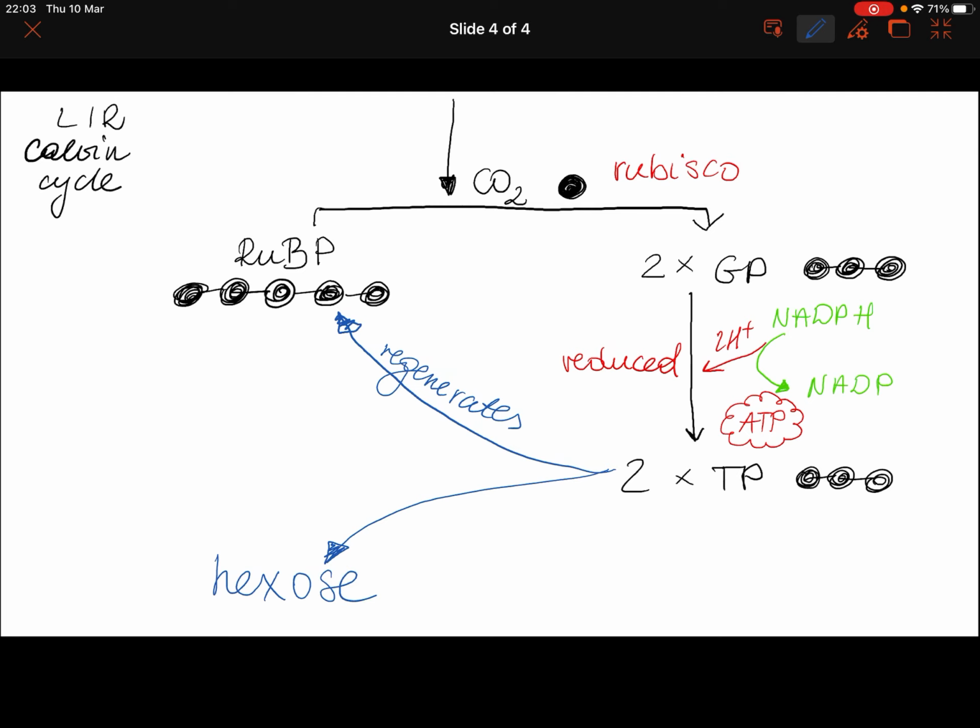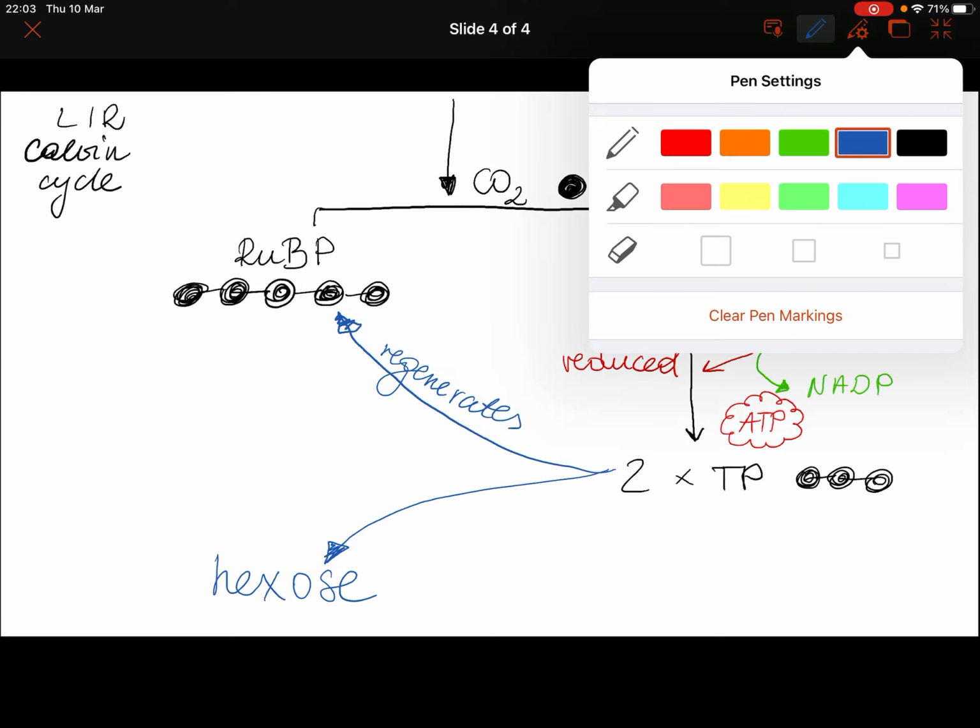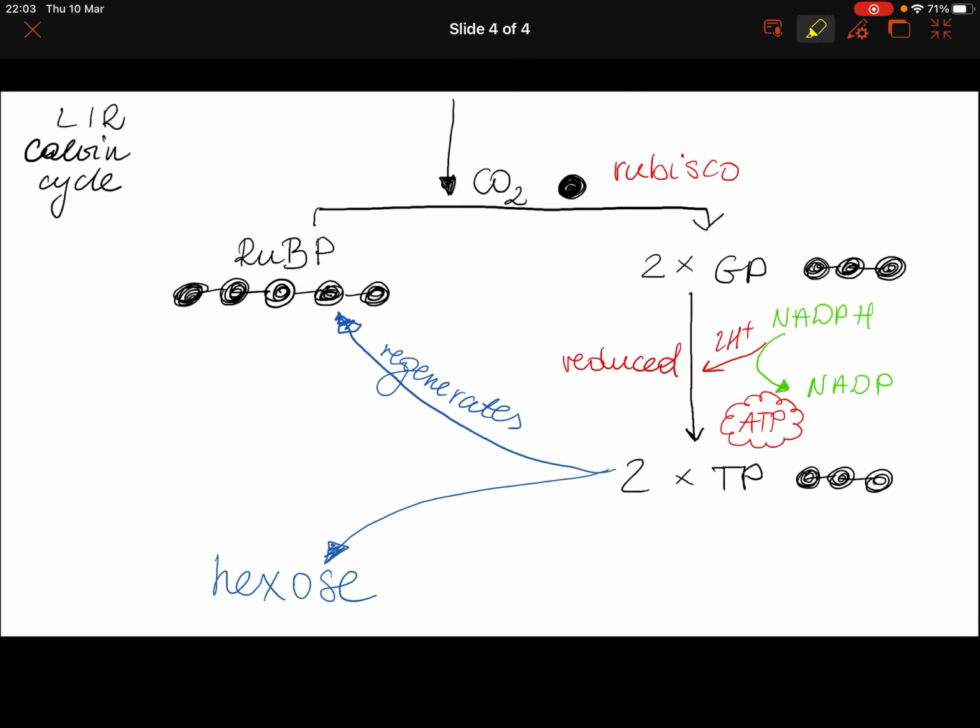The main important job of triose phosphates is, firstly, of course, to regenerate RuBP. This is a really important job because without RuBP, the further Calvin cycles would not happen. So the first carbons that will be formed here will be donated to regenerate RuBP, and the remaining carbons will contribute to produce hexose.